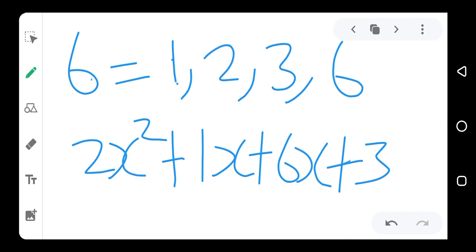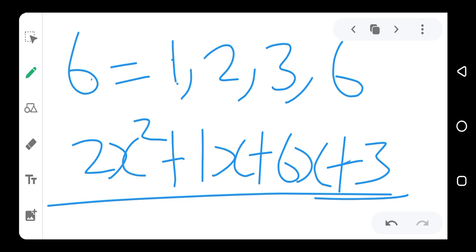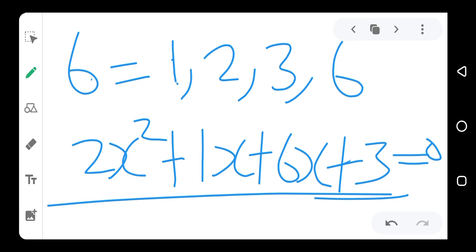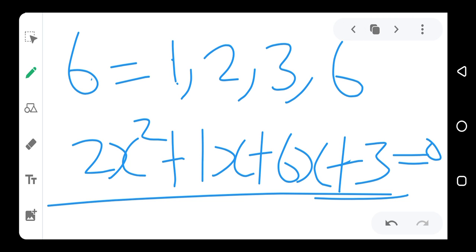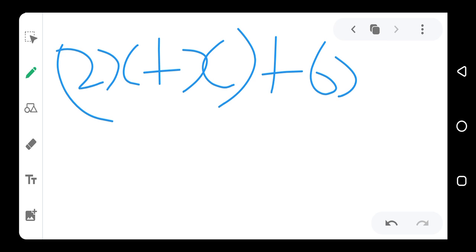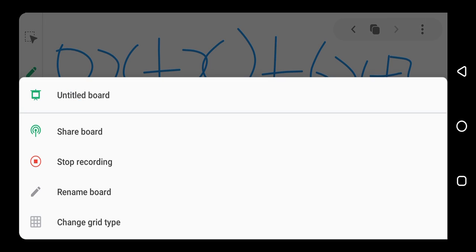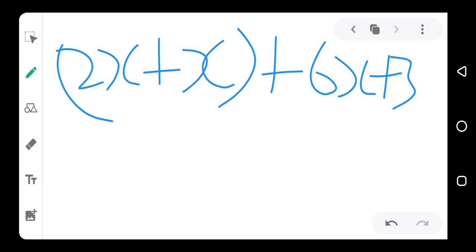Okay, then the next step is for us to group this equation equal to 0. We group it. We have 2x squared plus 1x, then plus 6x plus 3.